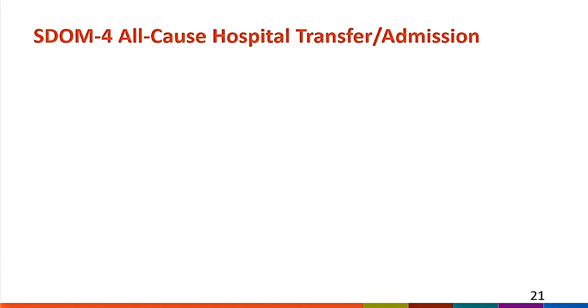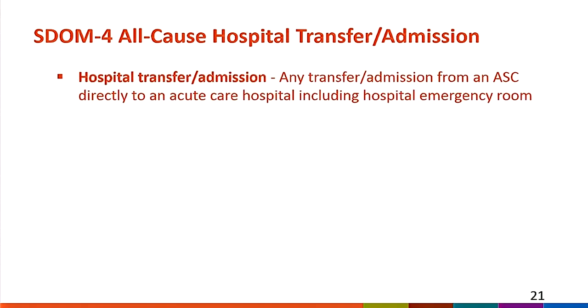SDOM-4, all cause hospital transfer or admission. A hospital transfer or admission is any direct transfer or admission from an ASC to an acute care hospital. This includes direct transfer and admission to a hospital emergency room.